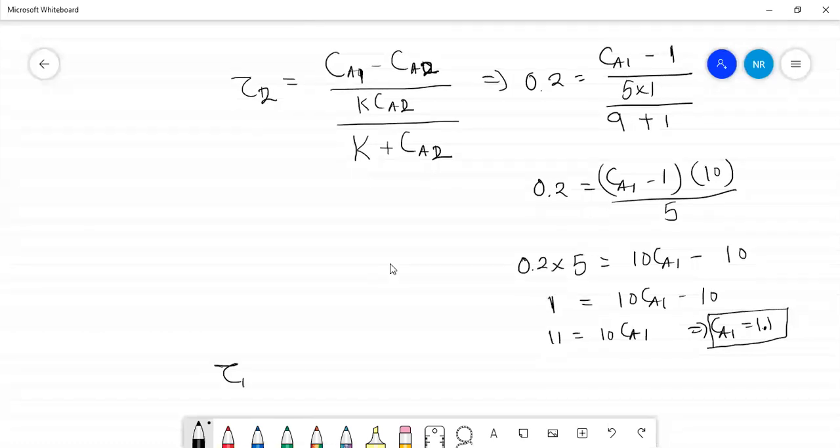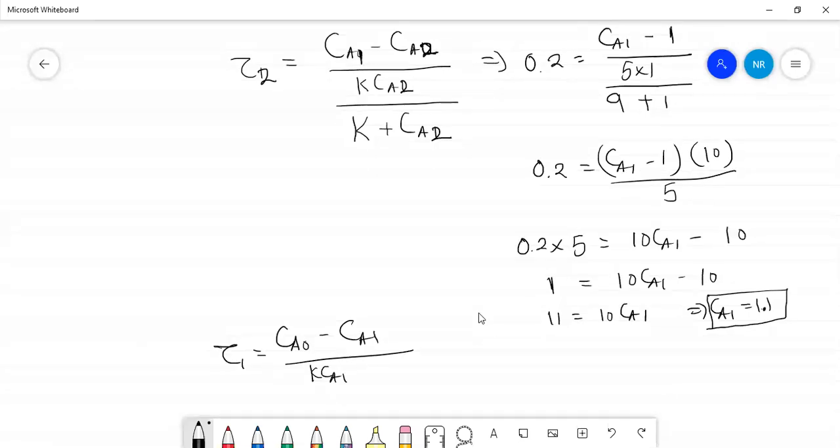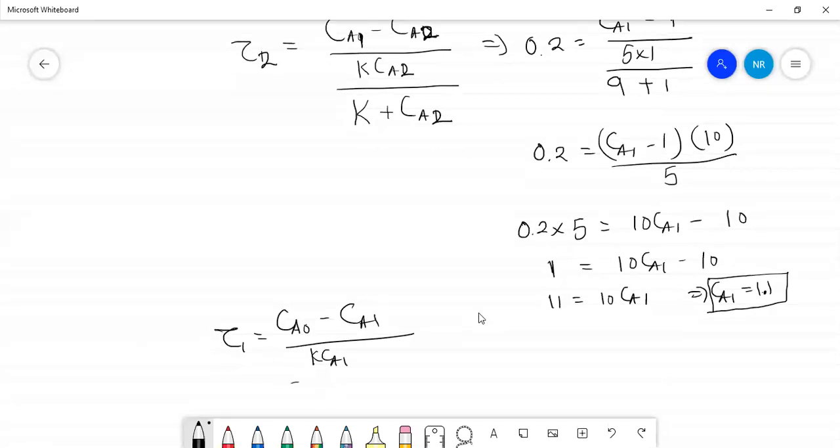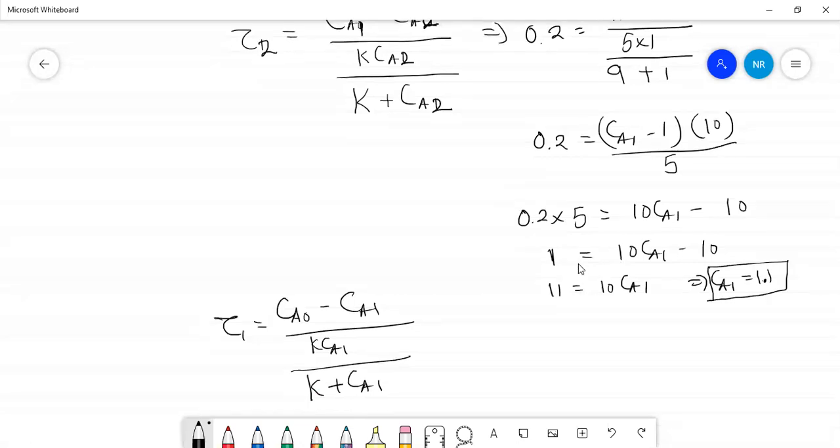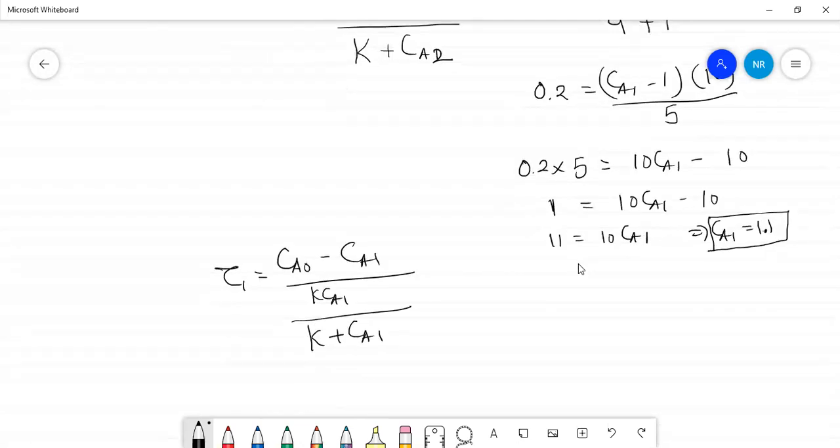So tau1 is equal to (CA0 minus CA1) divided by (small k CA1 divided by capital K plus CA1). So if I do this procedure, tau1 is 1, which is equal to CA0, which we have to find out.